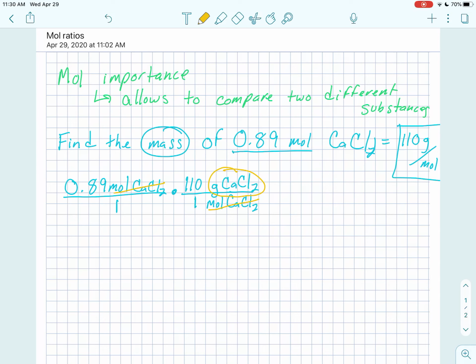Yes, you must write the calcium chloride. I will say that one more time. Yes, you must write the calcium chloride by the units. This is going to be very important in our next lesson, where we are going to be expanding this quite a bit more.